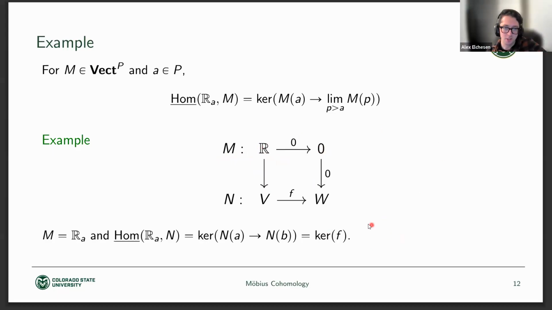And when we took this enriched hom from M into N, what we were really doing is saying, okay, look at N of A and then look at the map into everything above. Well, in this case, there's no limit to take. The only thing above is N of B, which is W. And so you're just looking at the kernel of this map from N of A to everything above N of A, which is exactly the kernel of F. So this was just a special case of this more general thing.